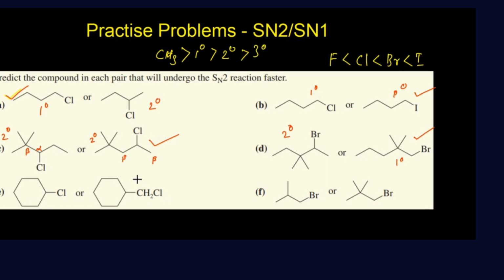Here both are primary, but one has steric hindrance, so the other will go faster. So these are the answers for the first problem.